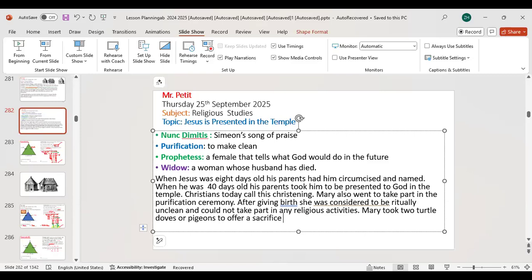That's what she needed to bring for the purification ceremony, because she already had the waiting period where she didn't come to the synagogue under those conditions.